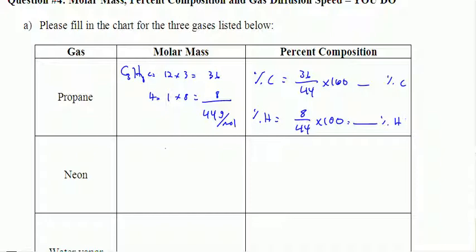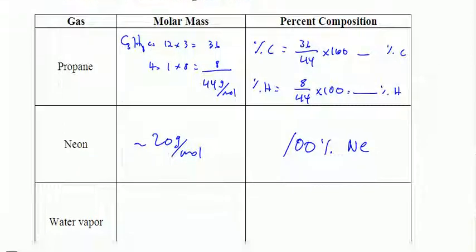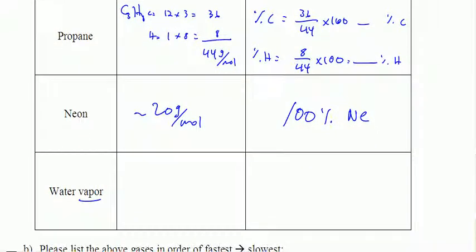Neon, I believe the molar mass of neon is around 20 grams per mole, but you could correct me on that one. I believe it has 10 protons and it's about 20 grams per mole. It's going to be 100% neon if it's the only element present. And water vapor, let's not let the vapor throw us off. I just put vapor because we're talking about gases. So each hydrogen's 1 times 2 is equal to 2.